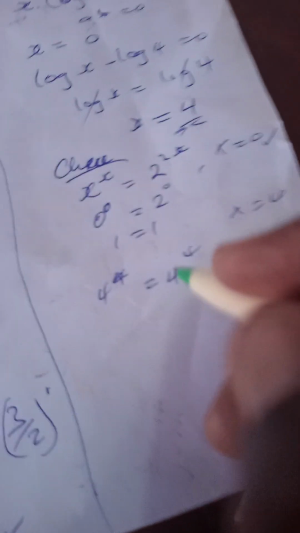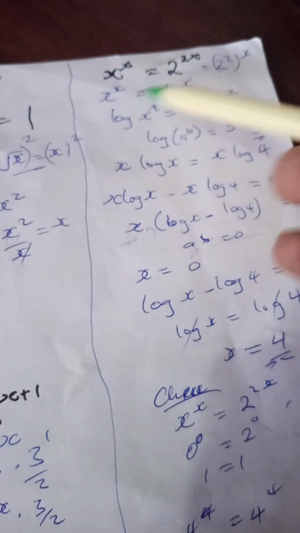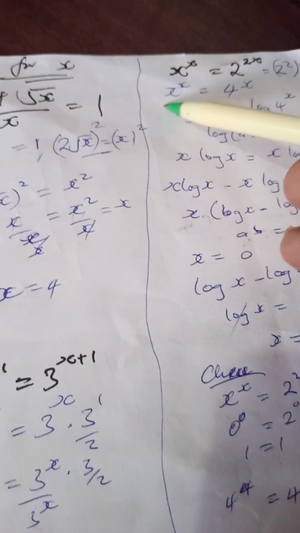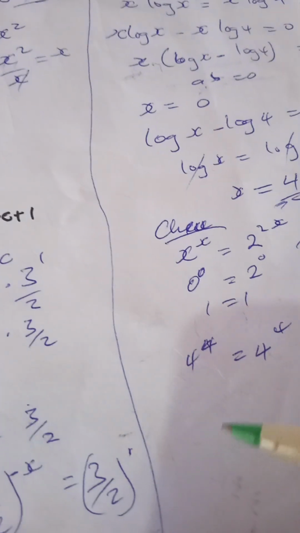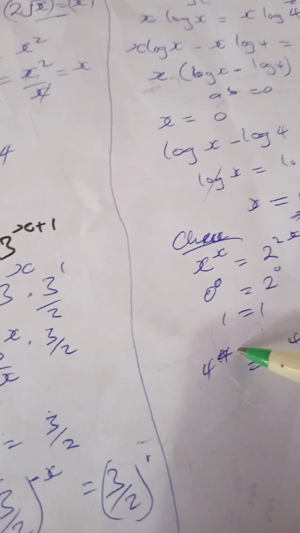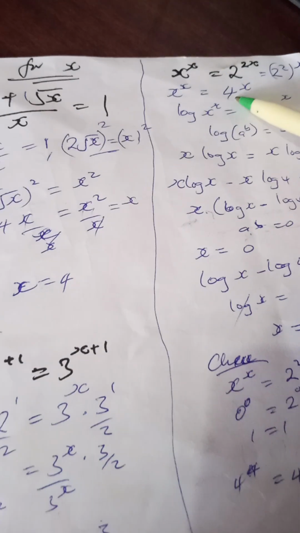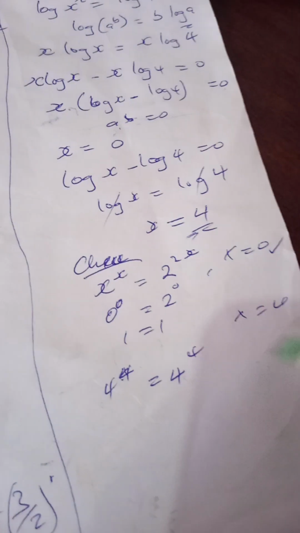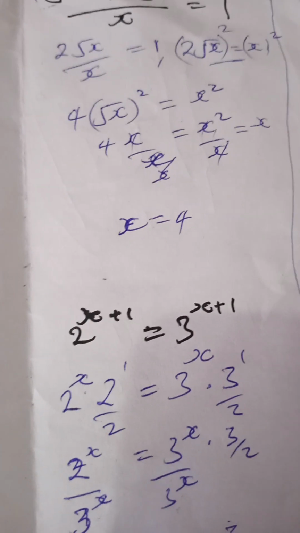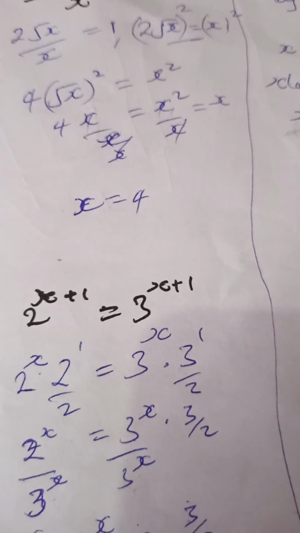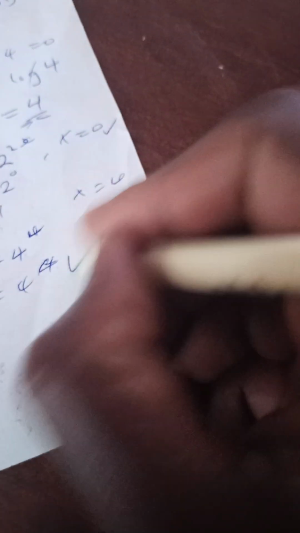It is 4, so we get 4 raised to the power 4 is equal to 4 raised to the power 4. So it satisfies that x is equal to 4. So x is equal to 0 or x is equal to 4.